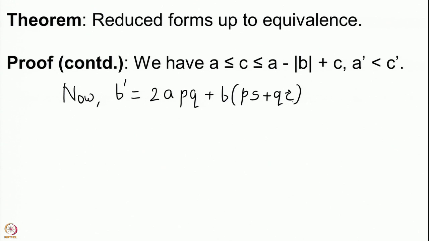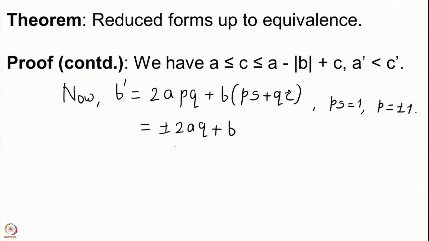So, we note that since s is plus minus 1, r is 0, we get that this value is plus minus 2aq plus b. ps is 1 and p is plus minus 1. So, we see that b prime is b plus minus 2aq.